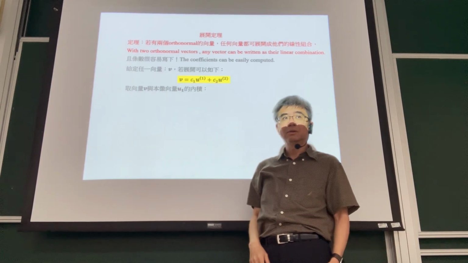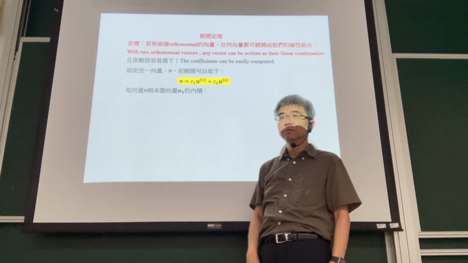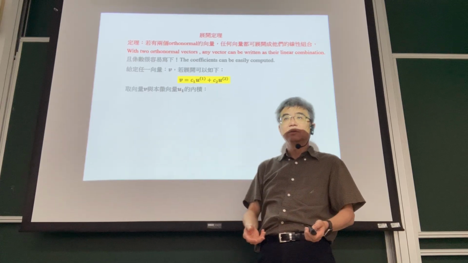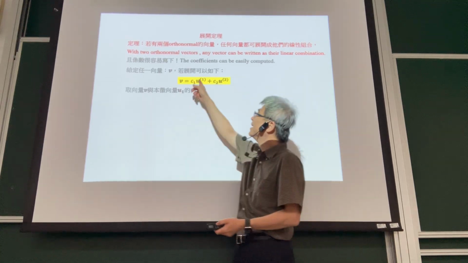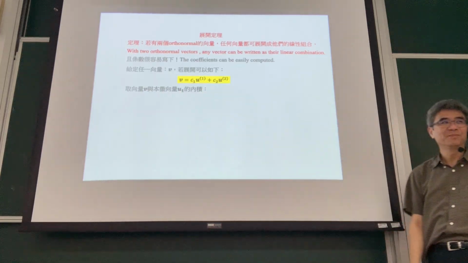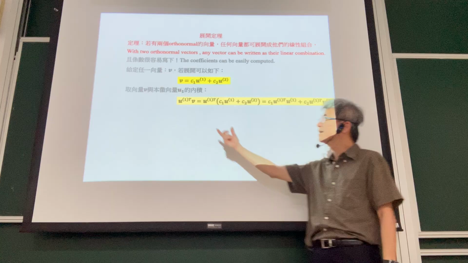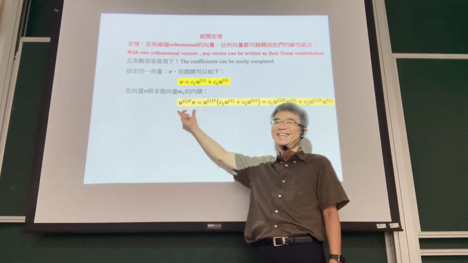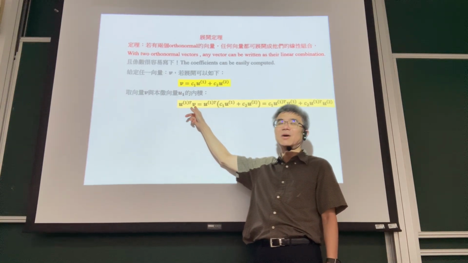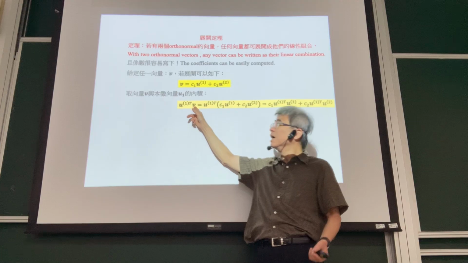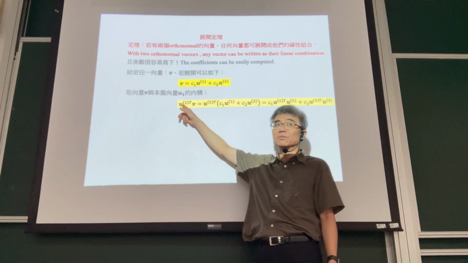How could I be sure this is possible? Let me answer you. It is because I can write down C1 and C2 for you. How? It's easy. Just take the inner product of V, this vector I want to talk about, and the first eigenvector.